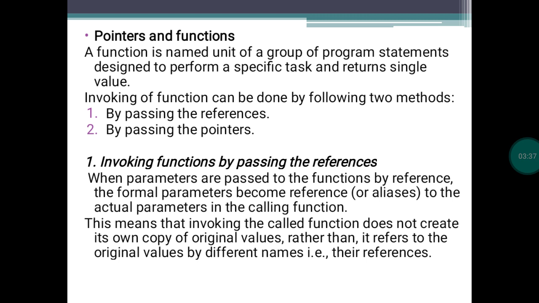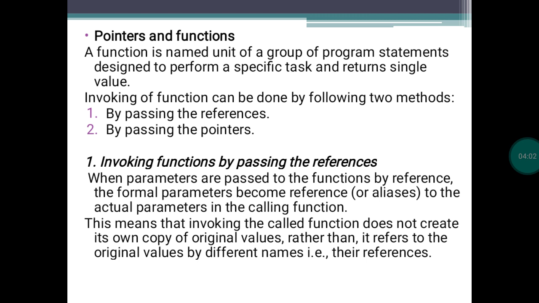So when you refer to its address, it is not necessary to create a new value in your calling function. You are just accessing the value available in the formal parameter. You are not going to create any new value.